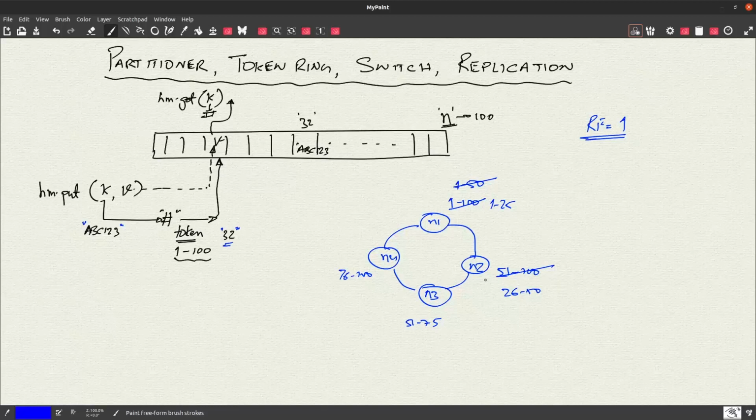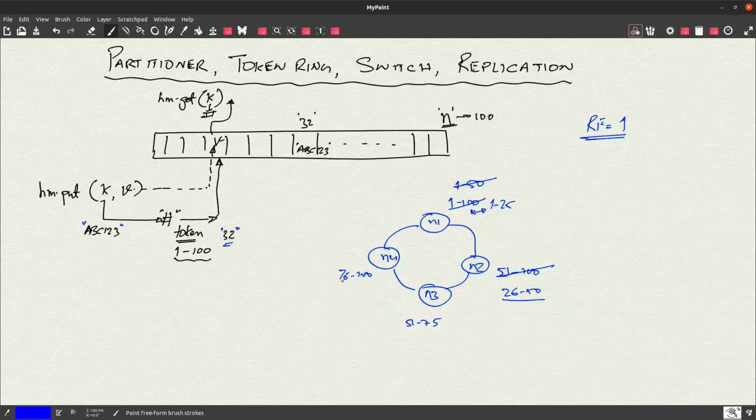Question is, where is this information stored? Because we don't have a master node, we don't have a zookeeper, we don't have a central configuration system in Cassandra. Every node needs to know about this. In other words, N1 is responsible for tokens this, N2 is responsible for token this, which N1 also is aware. N3 is responsible for token range 51 to 75, which N1 is also aware, and so does N2.